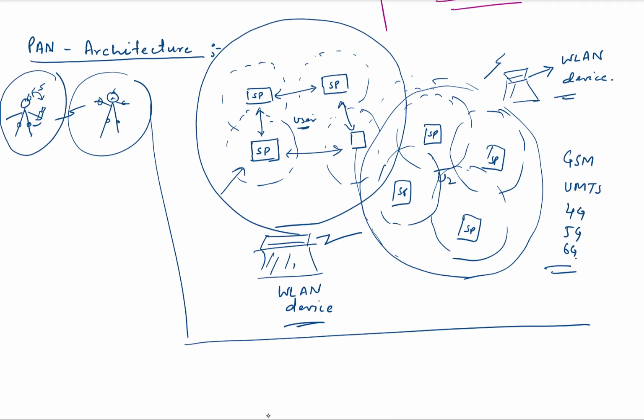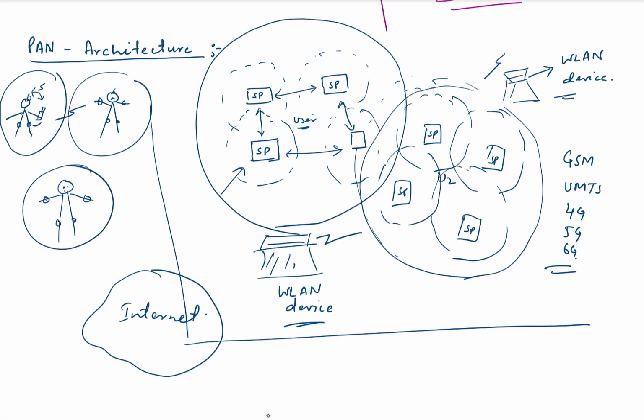Similarly, you can have communication between a person, who has some wearable devices, and the outside world. Here it is the internet, and if it wants to communicate with the internet, it must have some gateway device connected to this PAN.